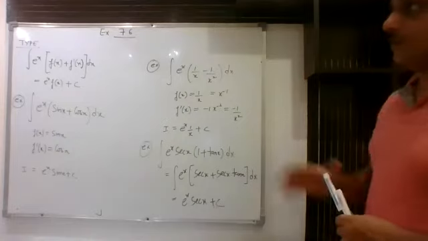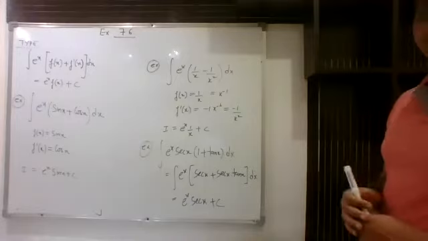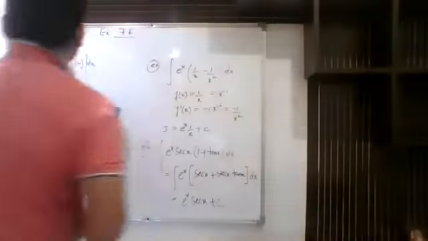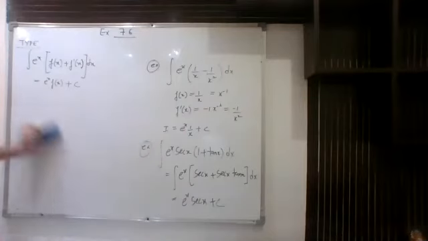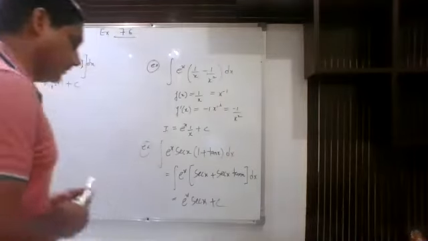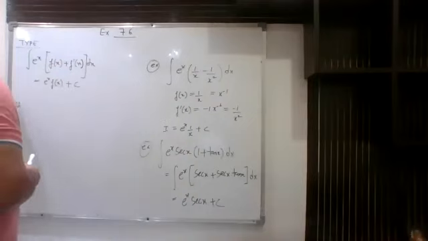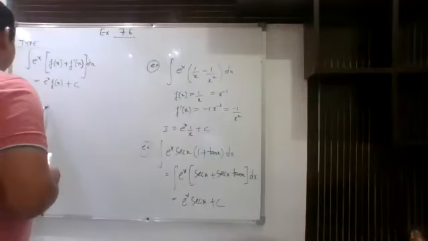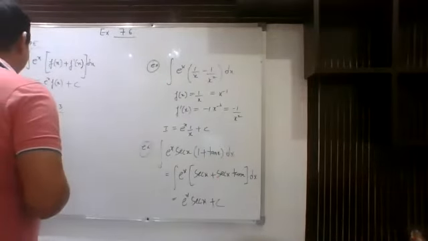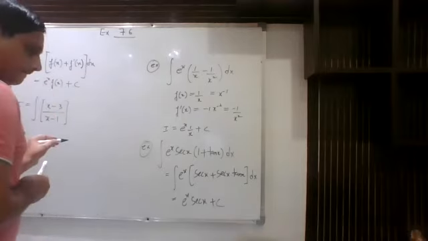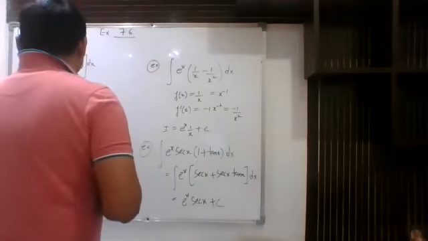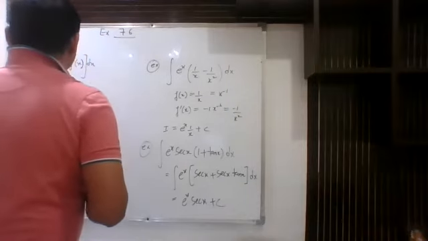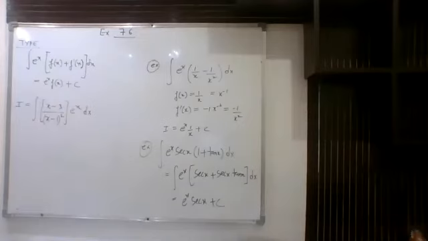Now let me discuss one 4-marker question based on this type. So you can write down this question. It is e^x [(x − 3)/(x − 1)³] dx.